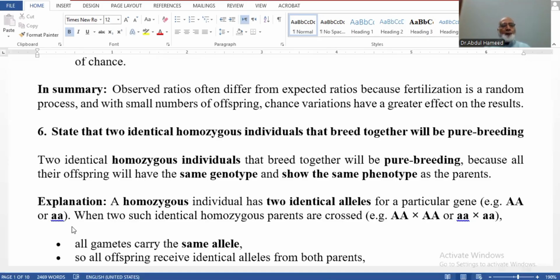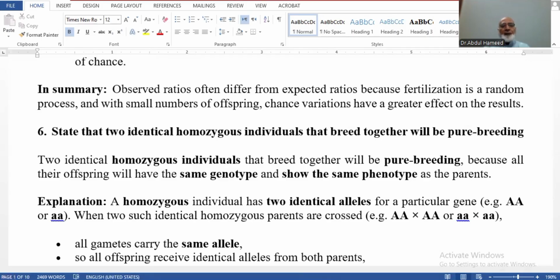Two identical homozygous individuals that breed together will be pure breeding because all their offspring will have the same genotype and show the same phenotype as that of the parents. What is the explanation? A homozygous individual has two identical alleles for a particular gene, for example, capital A capital A, or small a small a.